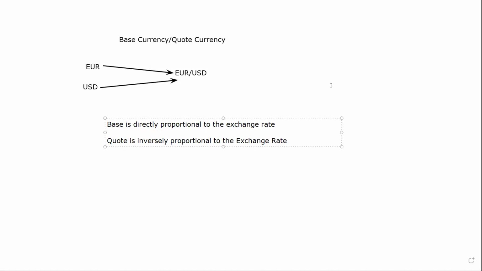Now, what does this mean? For example, we have the Euro USD example here. We're going to study the relationship between them. When the price of the Euro goes up, the price of the Euro USD exchange rate will also go up.